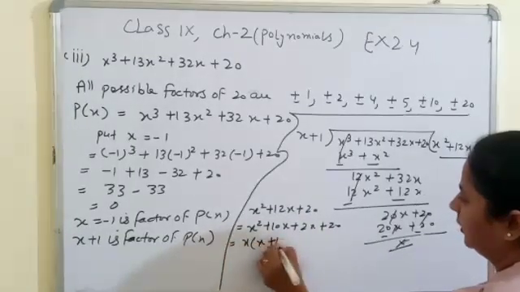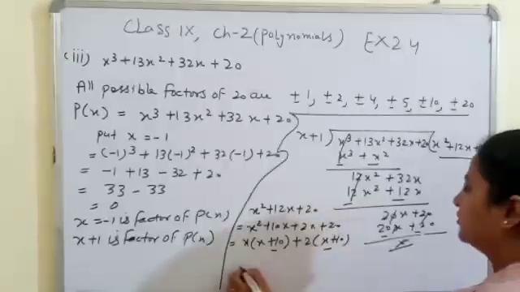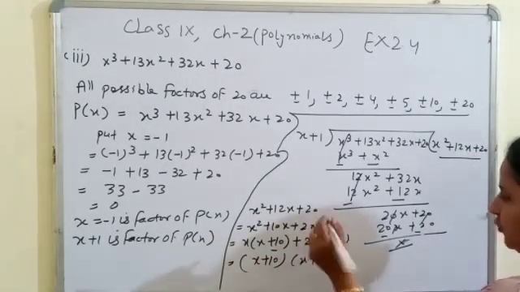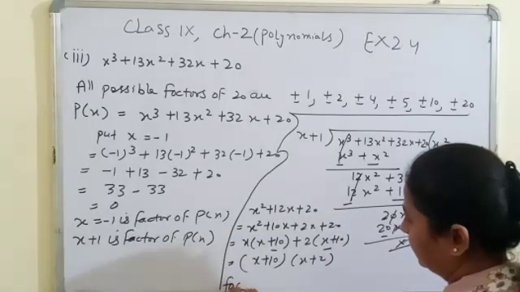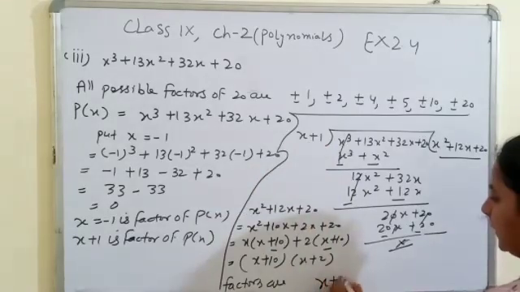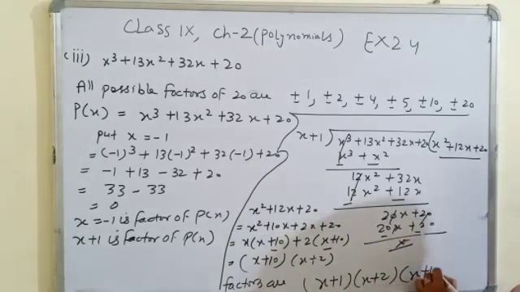Taking x common, and 2 common, x plus 10 is common. Take it out. So the factors are x plus 1, x plus 2, x plus 10. This was part 3, which we have done by the trial method.